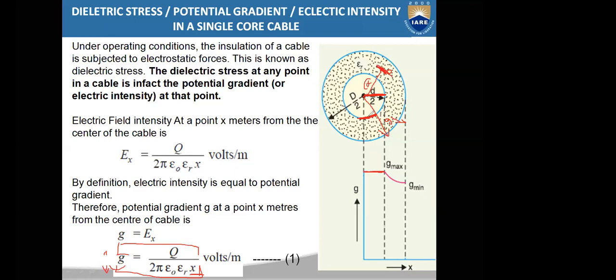But from the surface of the conductor, as you move towards the sheath, these forces decrease. So at the surface of the conductor you have the maximum value, and at the surface of the sheath you have the minimum value. These are calculated by substituting for x in this expression.